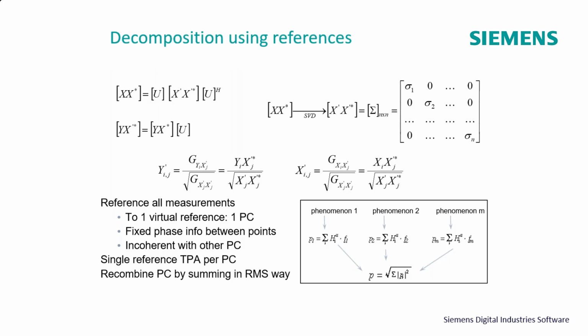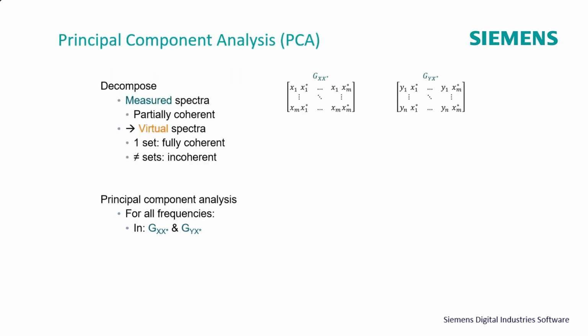So the last point there, we recombine those principal components to get the total contribution by summing in an RMS manner. So we're going to measure cross powers that are going to be partially coherent. We're going to use that in principal component analysis to come up with a set of virtual spectra that have a set of virtual references that are completely uncorrelated.